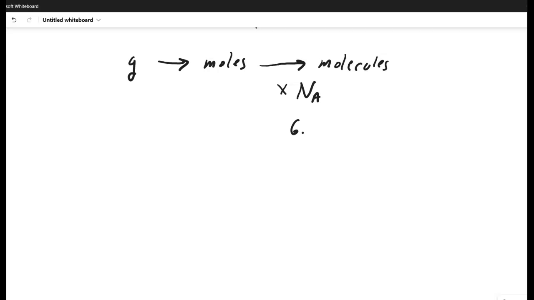That's that big number, 6.02 times 10 to the 23rd, and so we're going to need that. And then if we go from molecules to atoms, we have to multiply by the number of atoms in the formula.